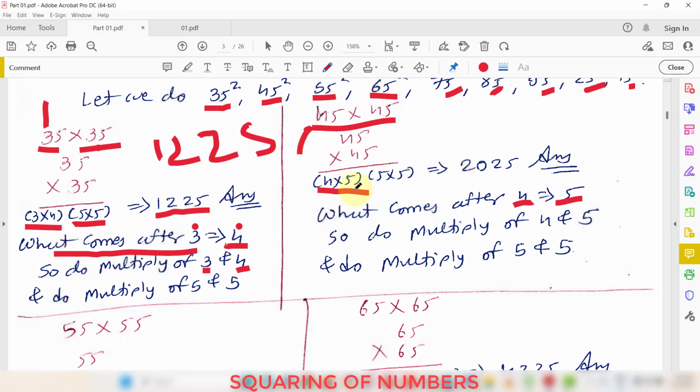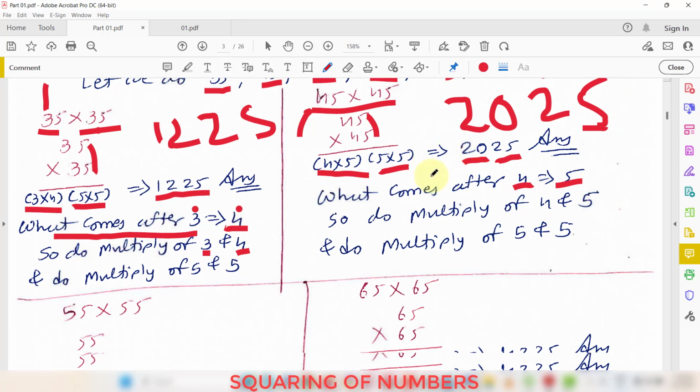So 4 times 5, and the second part is 5 times 5. Here you always have to do 5 times 5. So 4 times 5 is 20, and 5 times 5 is 25. So my answer should be 2025.